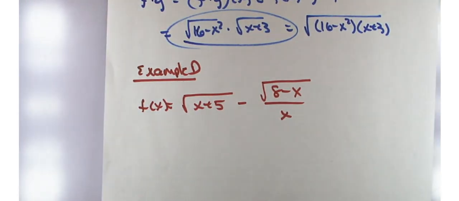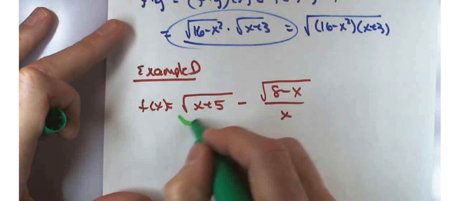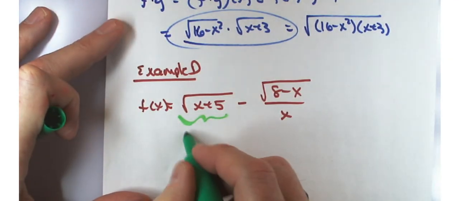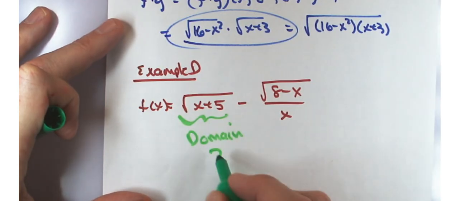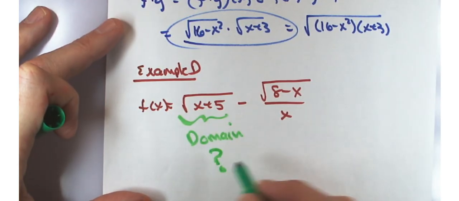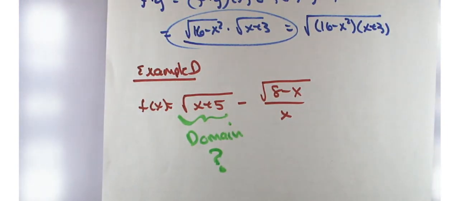So there's a lot of little parts here that we have to deal with. We have to figure out, well, what's going on with this part? What's the domain here? And then there's this part right here.